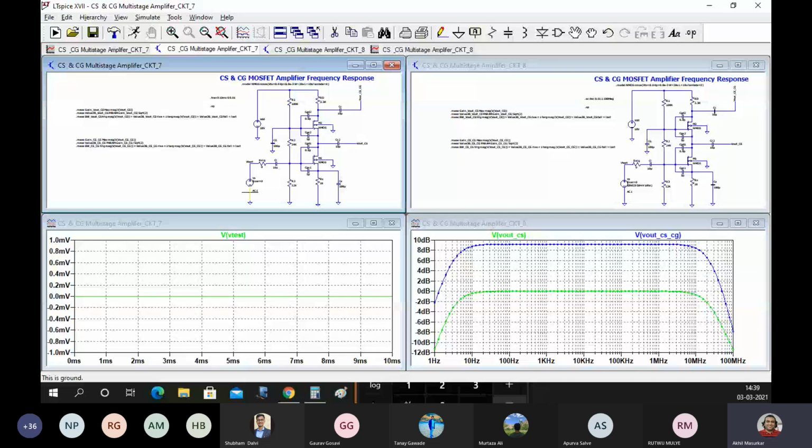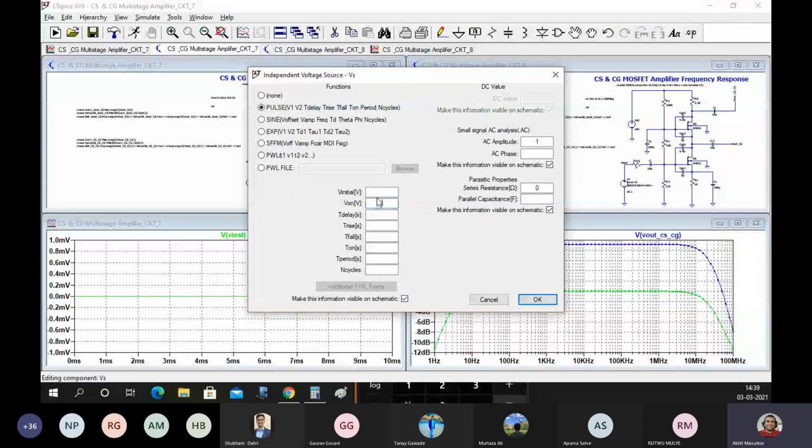I think we had set this, but somehow 20 millivolts, and frequency is 1 hertz.